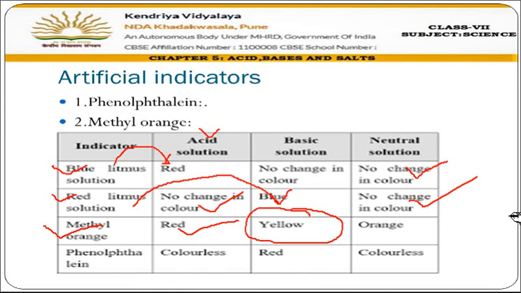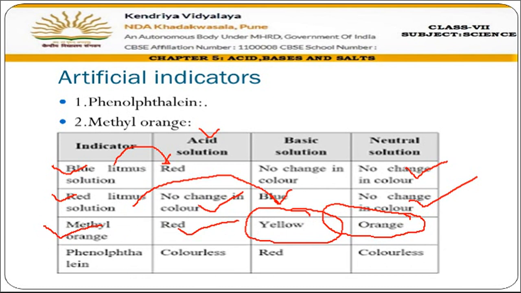If methyl orange is added to a neutral solution, the color changes to orange. So these are the color changes by which we can understand whether it is an acid, base or neutral. Acid gives red color with methyl orange, base gives yellow color, and neutral solutions give orange color. Orange means no change.